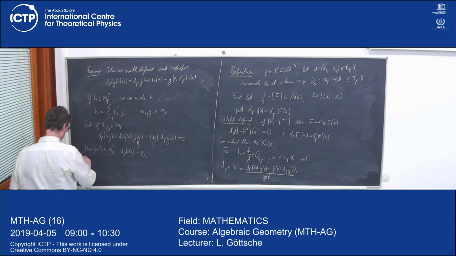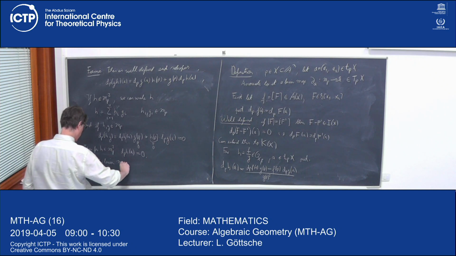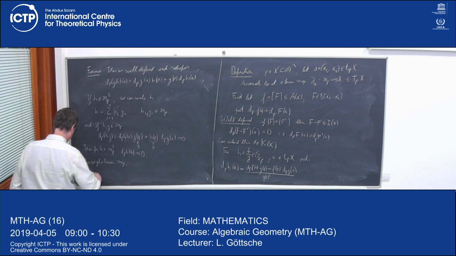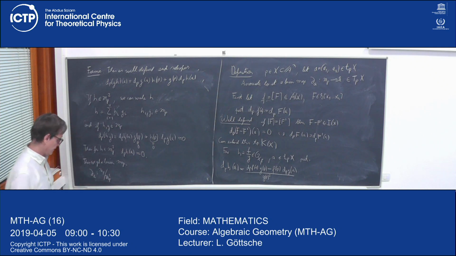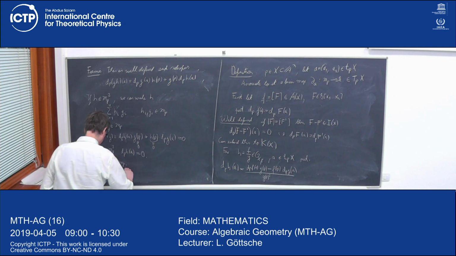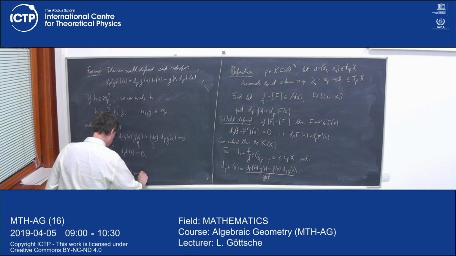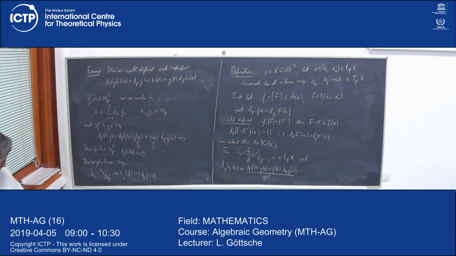So thus we get a linear map, which I call d A, from M_P modulo M_P squared. So it's a map from M_P, which vanishes on M_P squared, to K, which sends the class of F to d_P F of A. Okay, so we just take the differential of any representative.